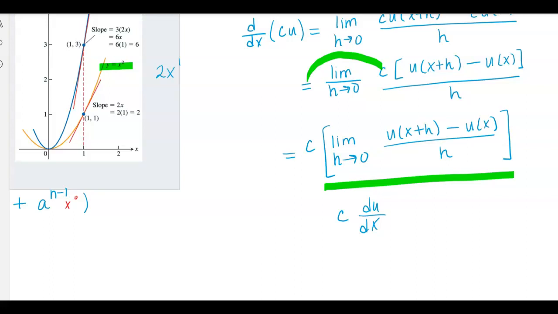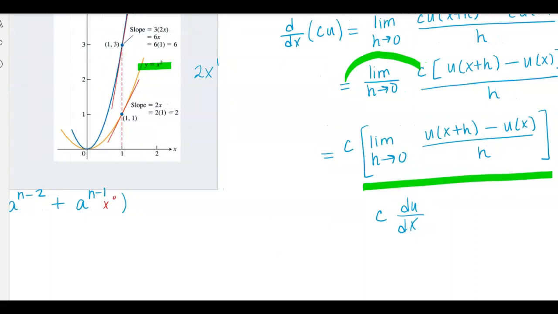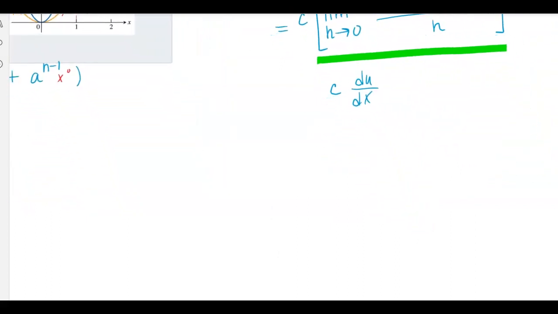So what this is telling us is that if we have a constant in front of a polynomial, it just hangs out there and you take the derivative of whatever's left. As an example, combining these two ideas together, let's say that the example that we just did was x to the fifth, and we said that the derivative was 5x to the fourth. Well, what if we modified that?